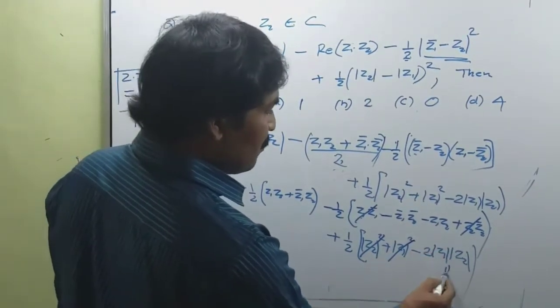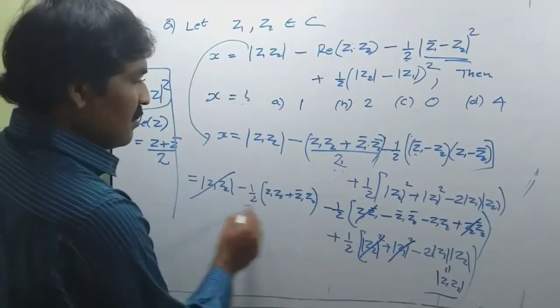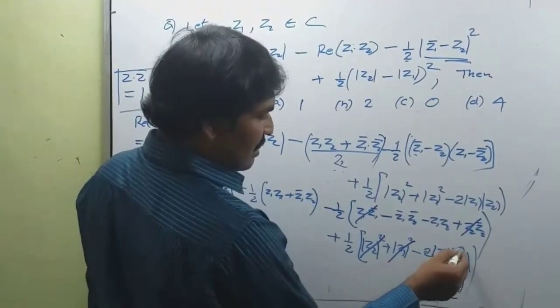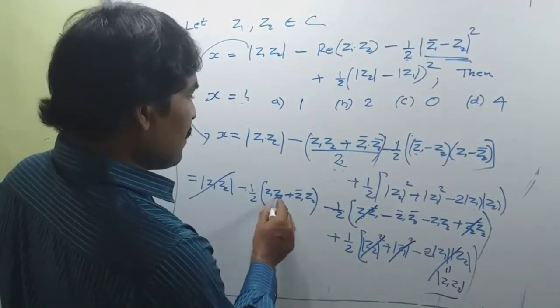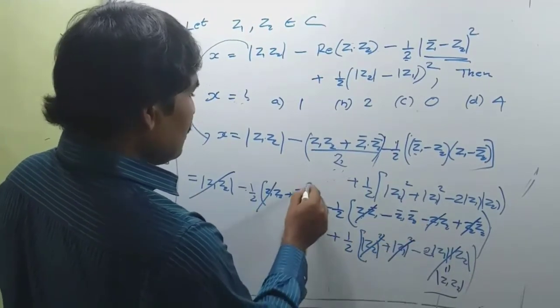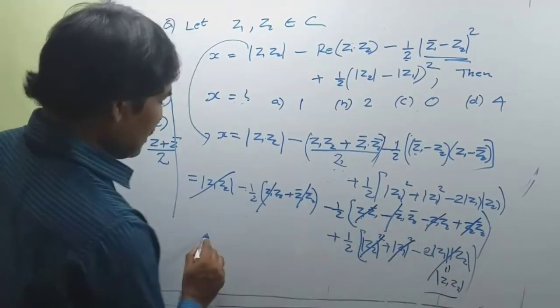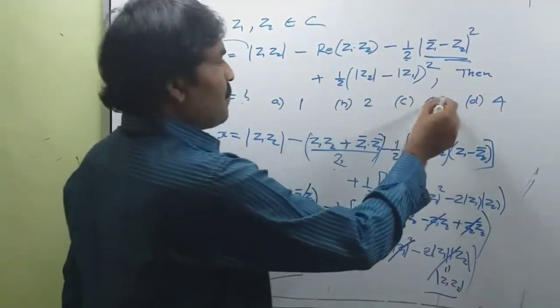Mod Z1 Z2 is equal to mod Z1 into mod Z2. So this term and this half and minus 2 cancel. Then minus of Z1 Z2, here minus of minus plus Z1 Z2. This and this will cancel. So the answer is equal to 0. So the correct answer is C.